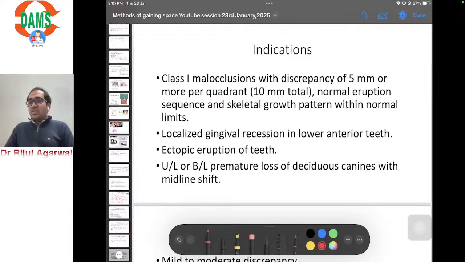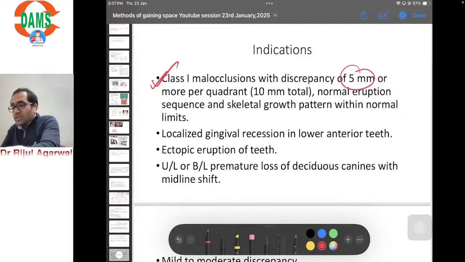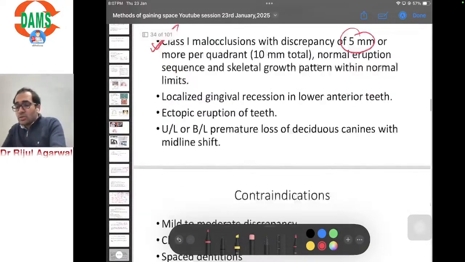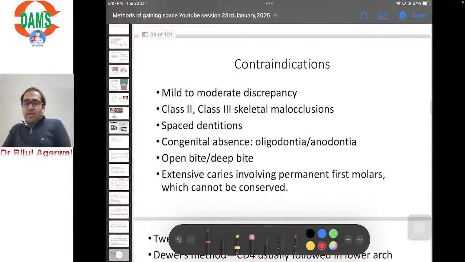Localized gingival recession in lower anterior teeth, ectopic eruption of teeth, and unilateral to bilateral premature loss of deciduous canines with midline shift can also be indications. Most important for the exam is the first one, the amount of discrepancy with the growth pattern and growth nature.